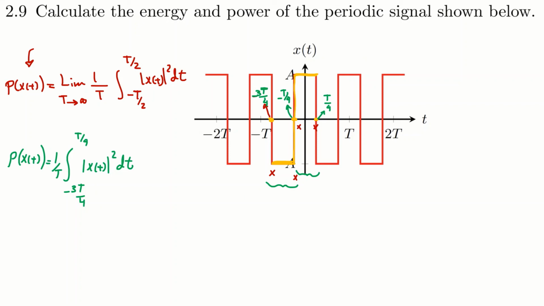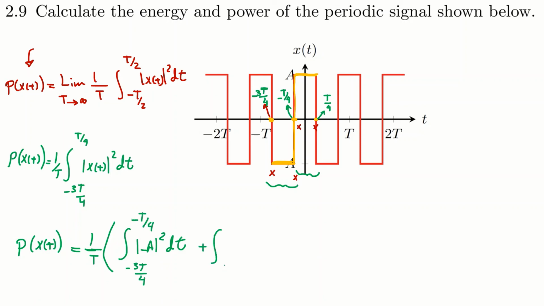So I can write the formula like this: 1 over T times the integral of minus A squared dt from minus 3T over 4 to minus T over 4, plus the integral of A squared dt from minus T over 4 to T over 4.